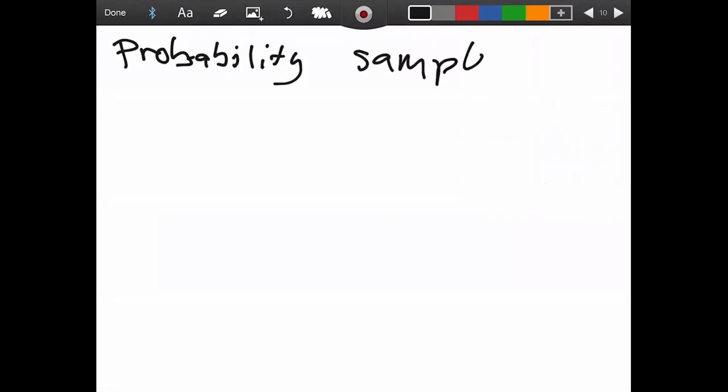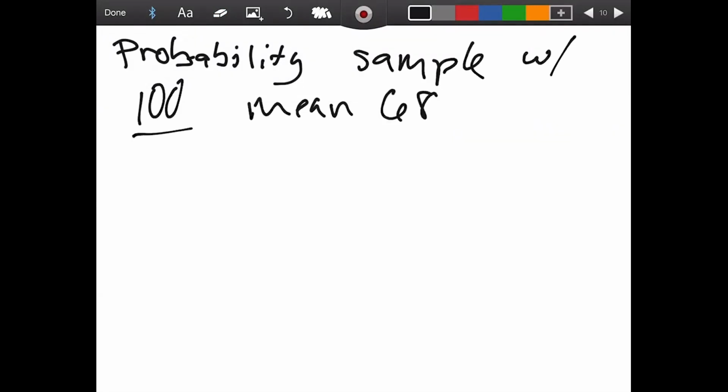So this problem is asking us to essentially establish what is the probability of obtaining a sample with 100 people that has a mean of 68.4 on a given test, right?